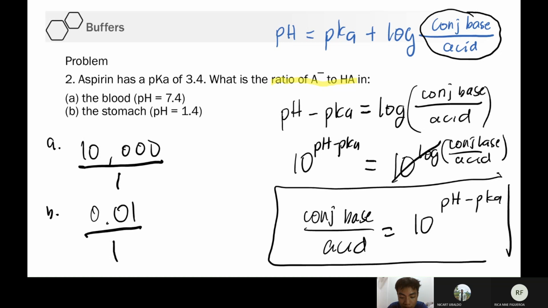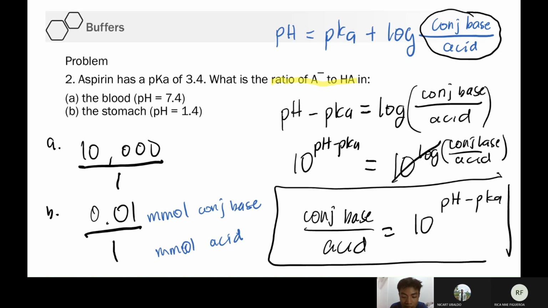So ibig sabihin nun, you need to have, let's say, for letter B, to create this buffer of solution, kailangan may 0.01 millimoles of the conjugate base ka. And you must have 1 millimole of your acid. So, pwede ganun yung maging interpretation nito.